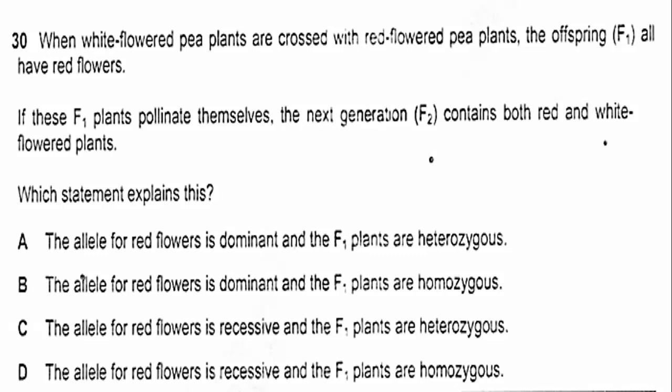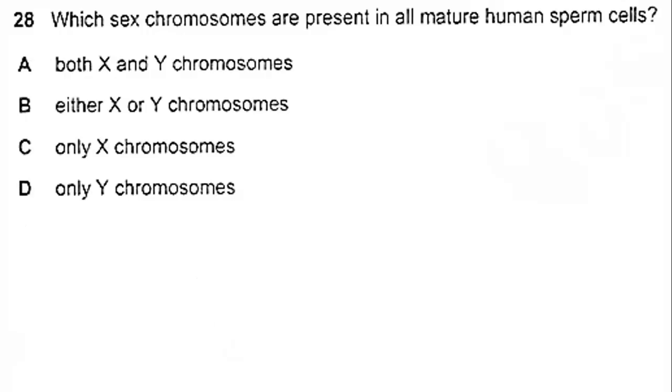So if you cross two heterozygous together, you will get the ratio of 3:1 again. So why did you see white flowers in the F2 generation or in the third generation? That's because the allele of the red flower is dominant and the F1 plants are heterozygous.